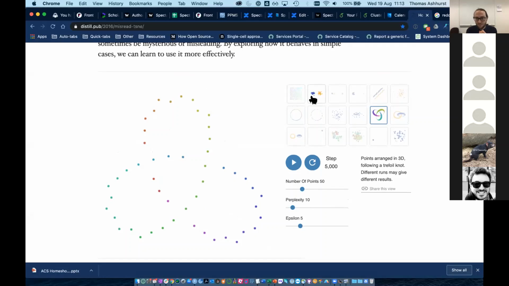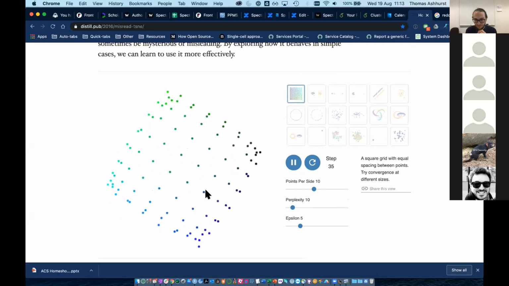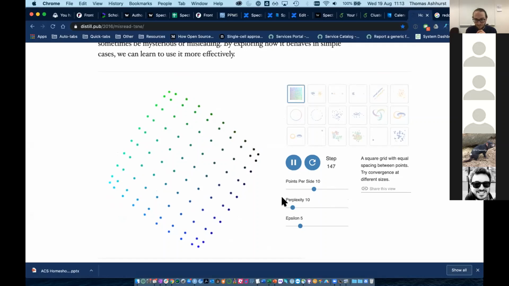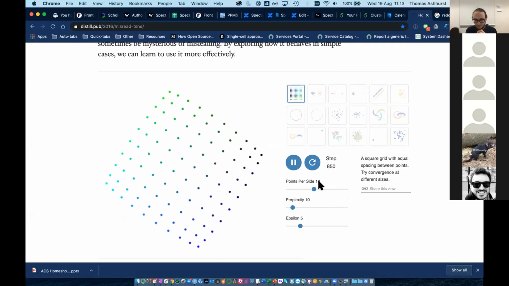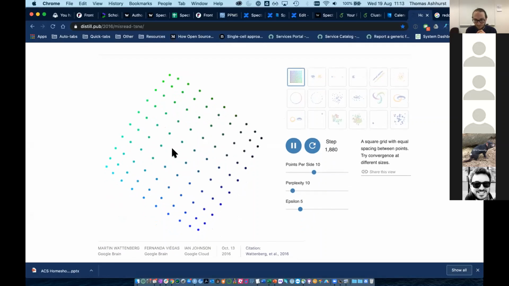You can select a starting data set, maybe a grid of points or a circle, and you can see how tSNE will deal with it depending on the settings that you set. Now in this case, at some point this should get all warped. Oh, maybe this one's fine. One of the key parameters that influences tSNE is perplexity.